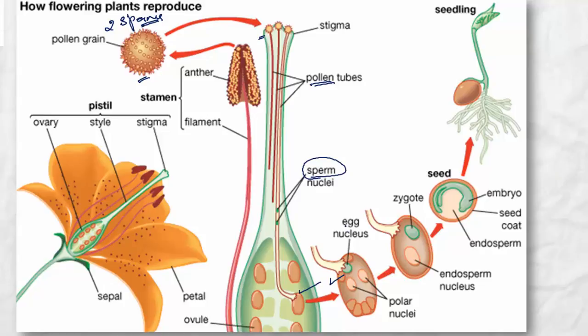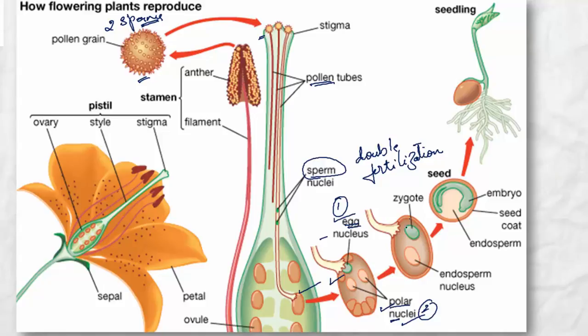Within the ovule we find the egg nucleus as well as the polar nuclei. The two sperms fertilize the egg nucleus, the first fertilization, and also the polar nuclei, the second fertilization. So it is the double fertilization in case of plants. The first fertilization is with the egg nucleus and the second fertilization is with the polar nuclei.